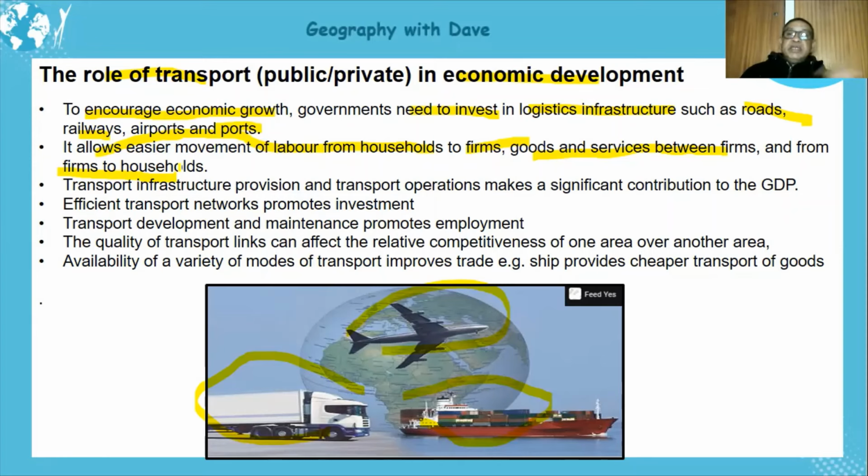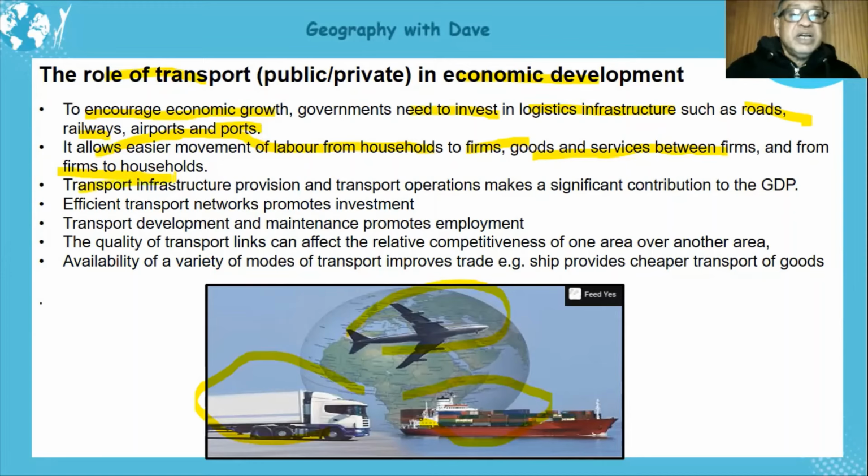Imagine you waiting for goods or raw materials and you wait 2 days. It cuts down productivity. Okay, so it goes good. Workers get there quickly, goods are transported quickly, less traffic congestion. All right, movement is easier, less frustration, more productivity in the economic development.